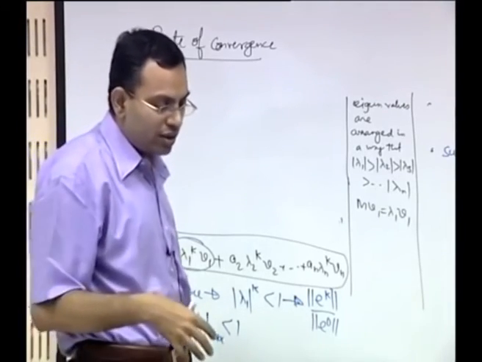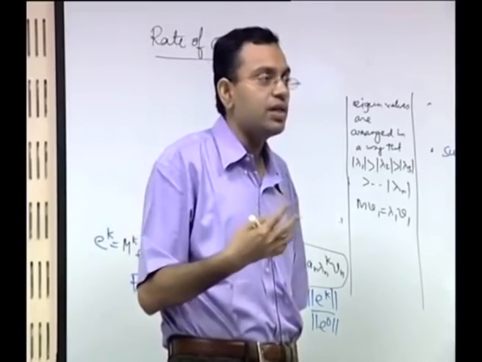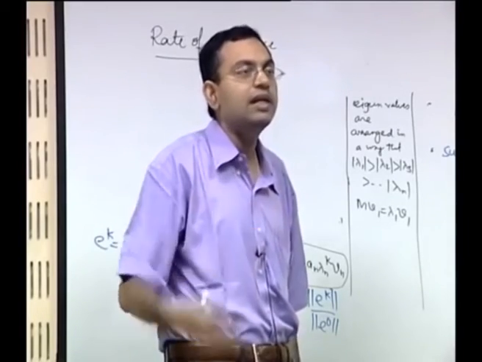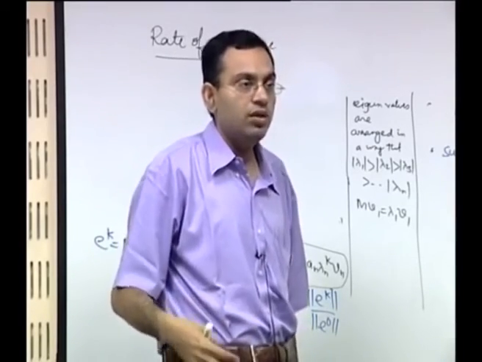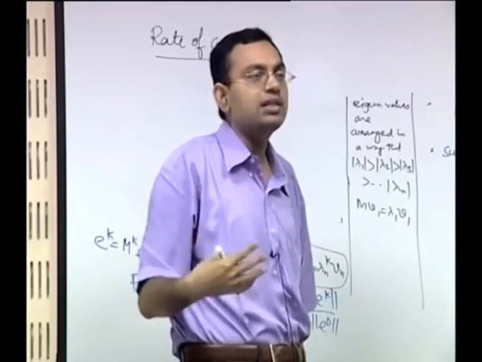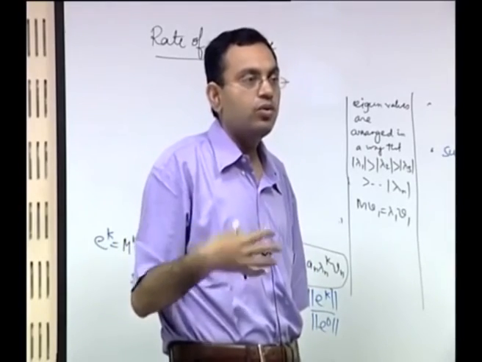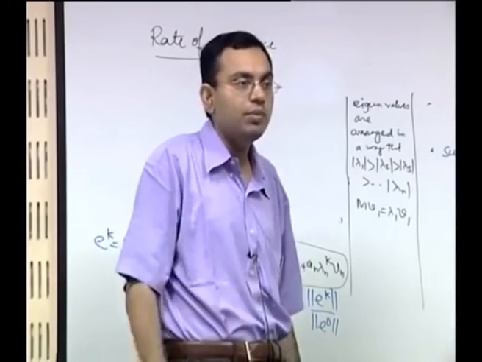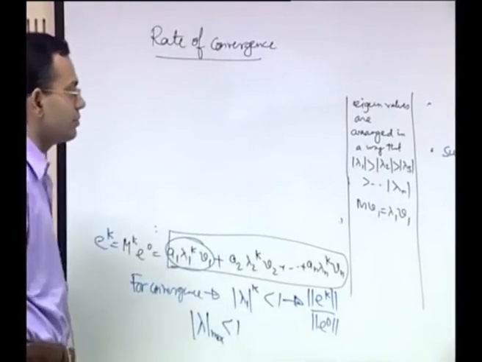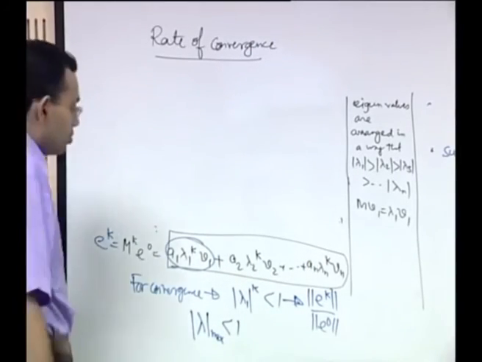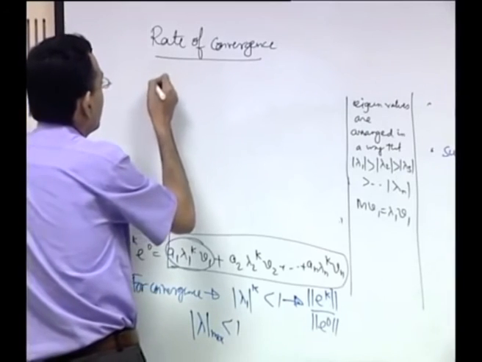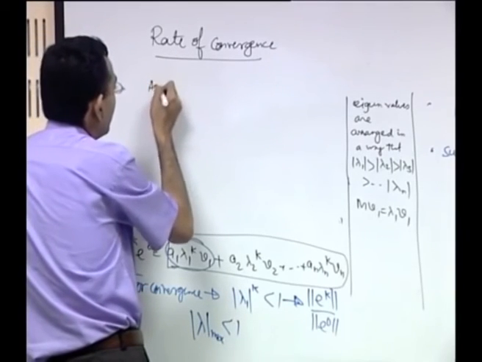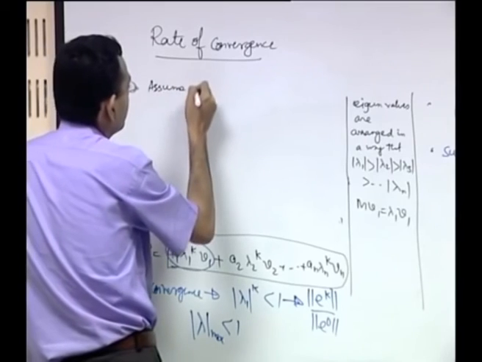If we know that it is converging, the next question will come: at what rate is it converging, or in other words, how many iterations may be necessary to achieve the convergence, minimum how many iterations may be necessary.